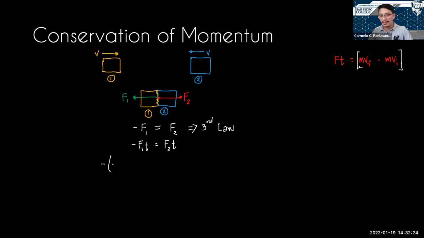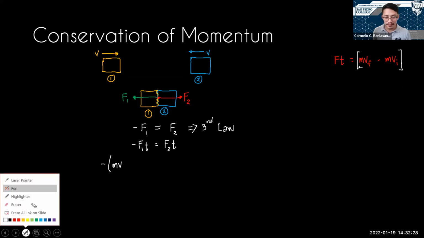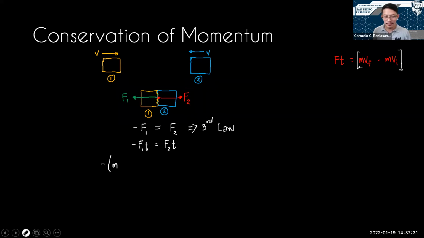F times time is mvf minus mvi. Clear? Now, since this is 1, we put a 1: 1, 1, 1, 1.